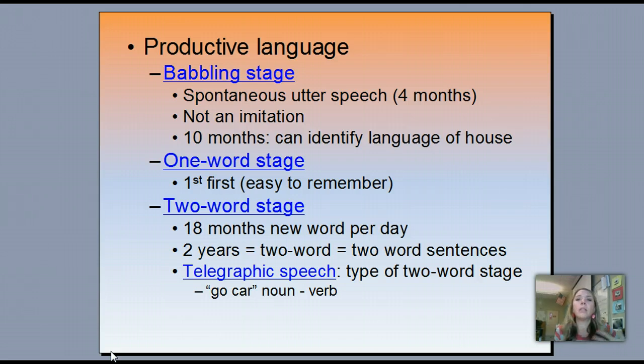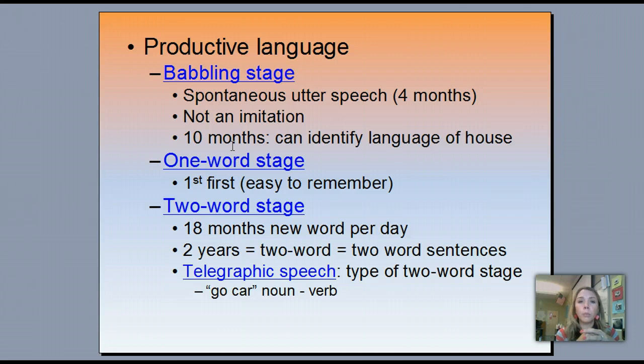The babbling stage tends to mimic the tones of the house. Each language has distinct phonemes; we said English has about 40. So at 10 months, in the babbling stage, you can identify what language is spoken in a baby's household.